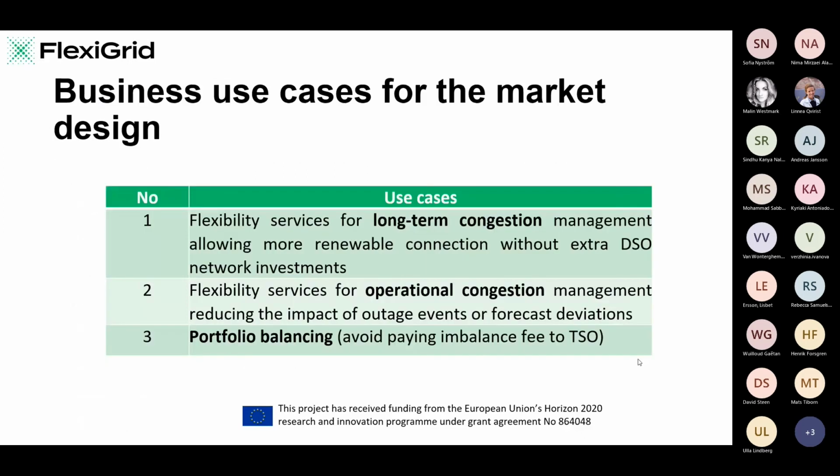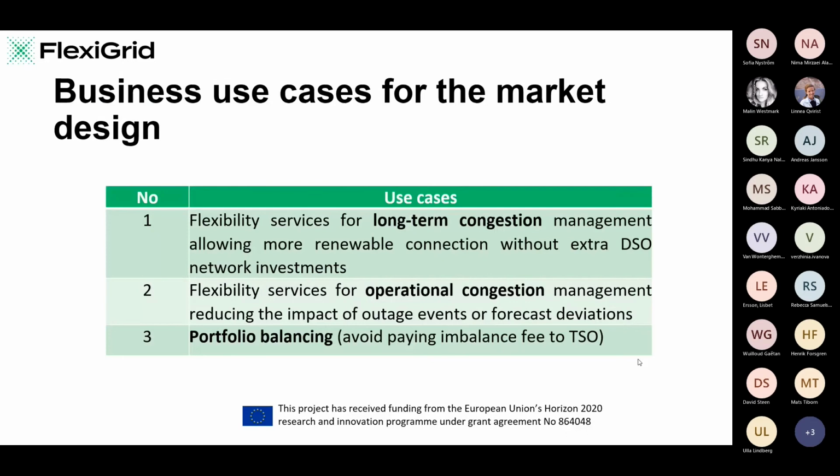To have some use cases, so you can see here why we need the flexibility, as also mentioned in the introduction of Nima. For the use cases, we would like to consider long-term congestion, where we can defer or avoid heavy grid investment.